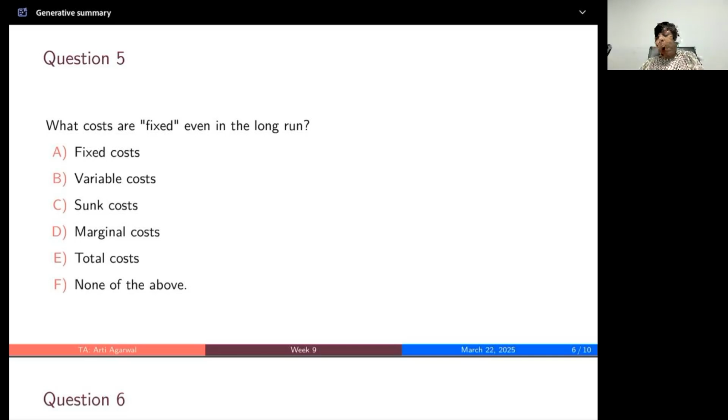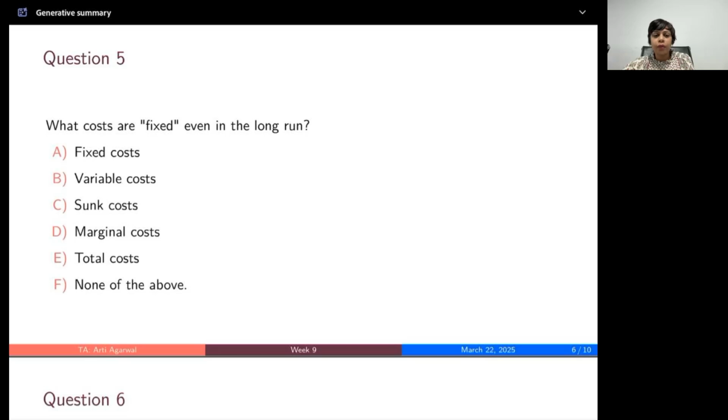Okay, so what we define as fixed costs is something which we mostly use in the short run case, right? We use fixed costs in the short run case. Why? Because when you're varying in the long run, we assume that you can vary everything. You can dispose of your fixed costs, or you can readjust your capital, etc. So it's not the same amount is what I mean to say.